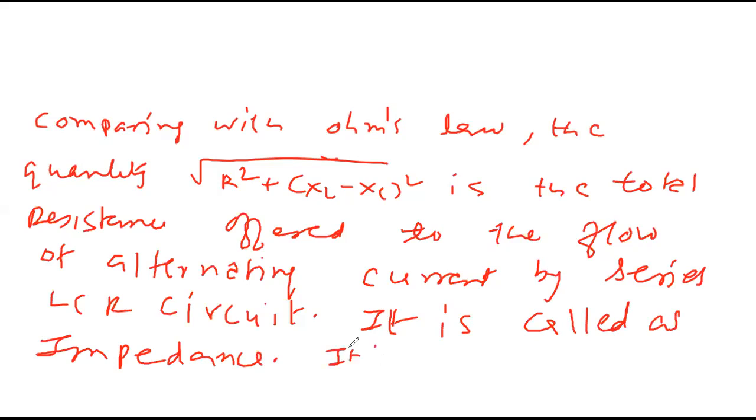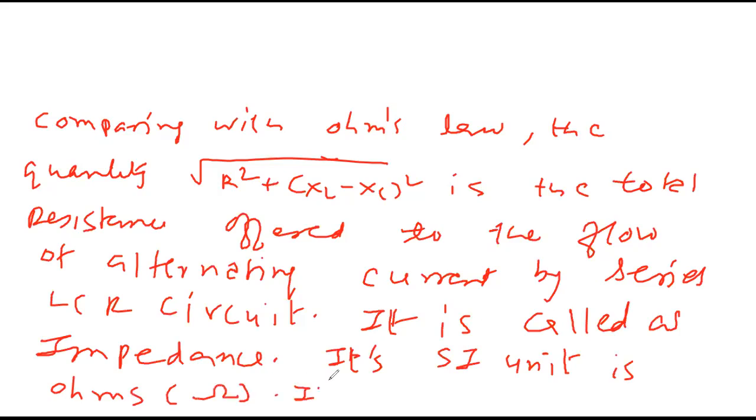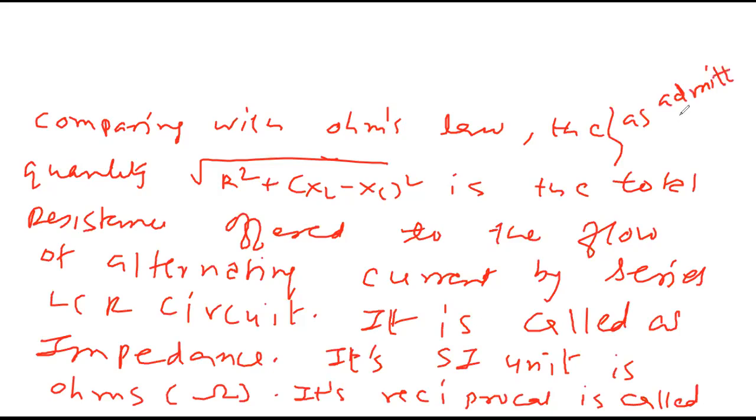Its SI unit is ohms. Symbol is omega. Its reciprocal is called as admittance.